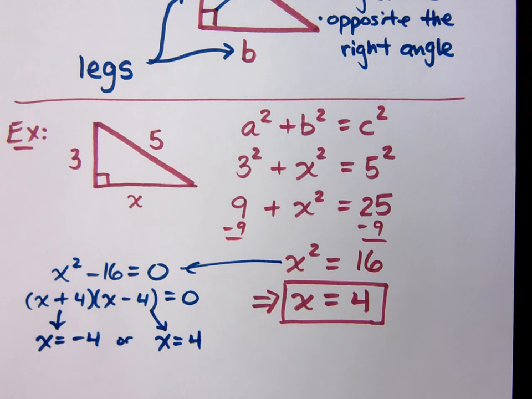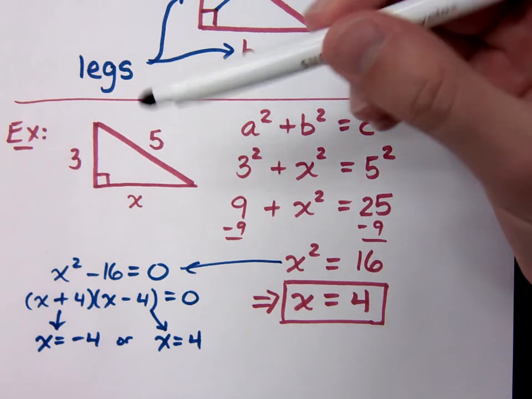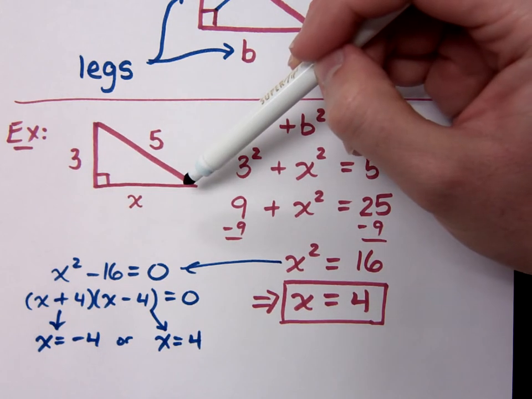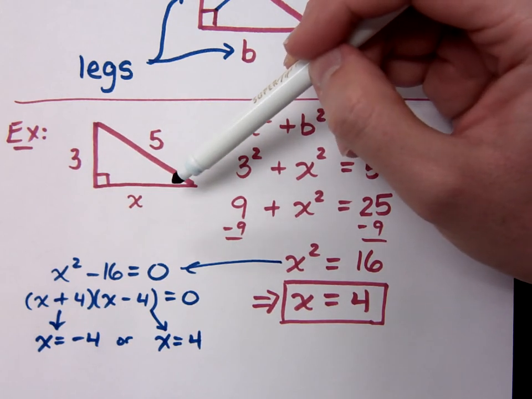But I've got a problem with these answers. What's wrong here? Why can I not have negatives? I can have negatives in the other problems that I've done. Why can I not have a negative here? What is x representing? X does not represent the squared number. X represents the length of a side of a triangle.